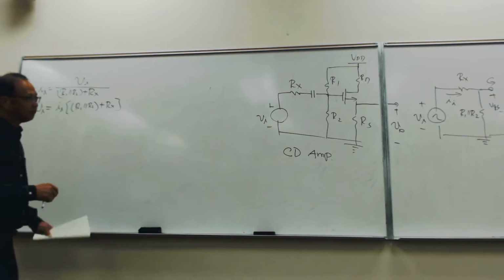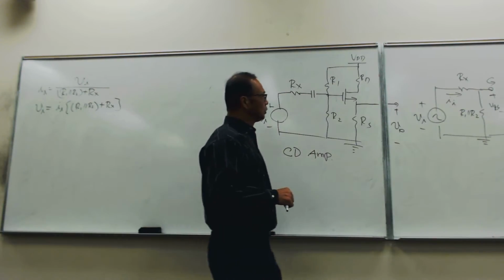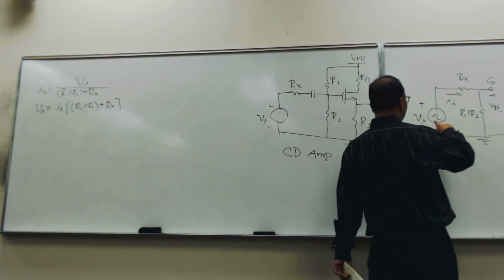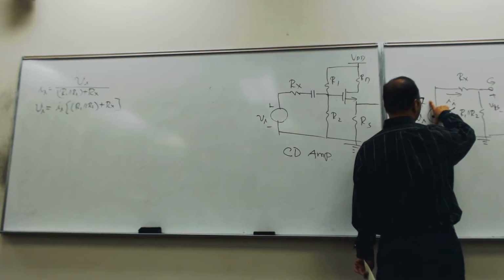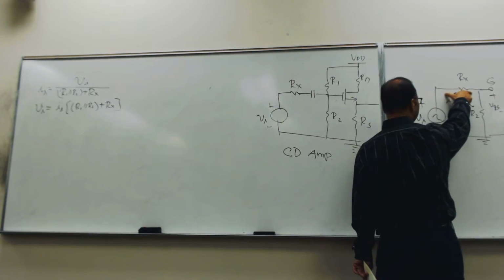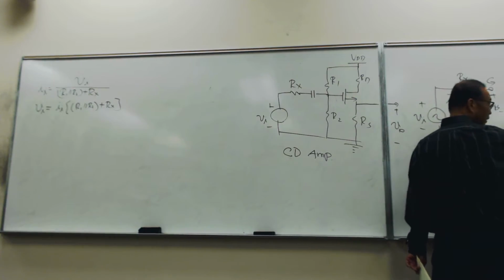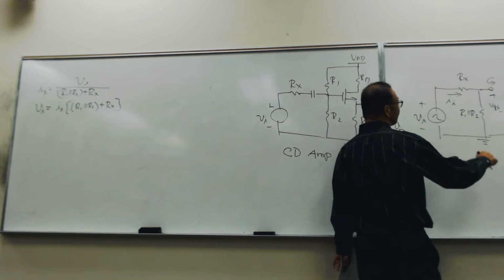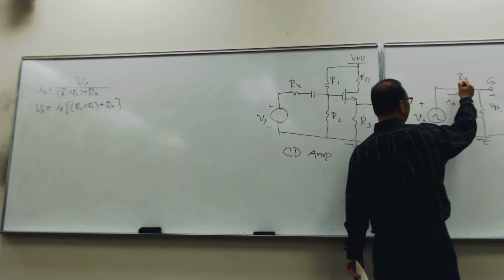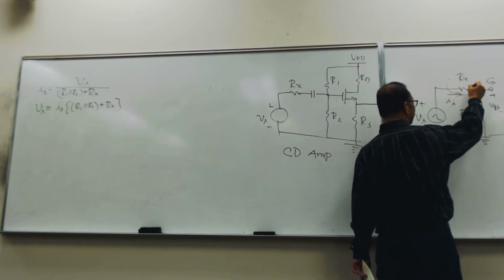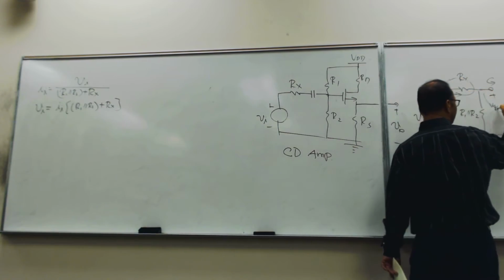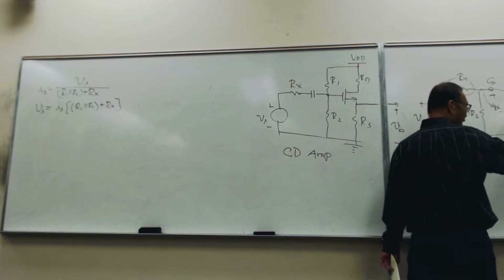Okay? Now, you should know that V sub I is also equal to this plus this plus this. This is the sum of the voltage drop here plus the voltage drop here plus the voltage drop here, right?